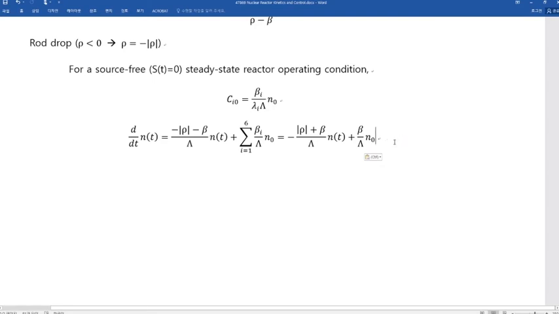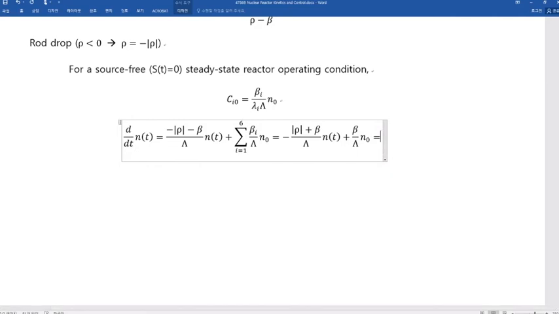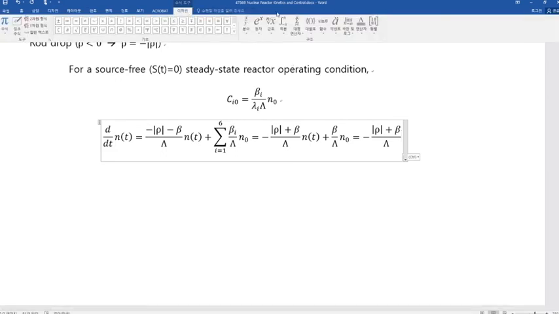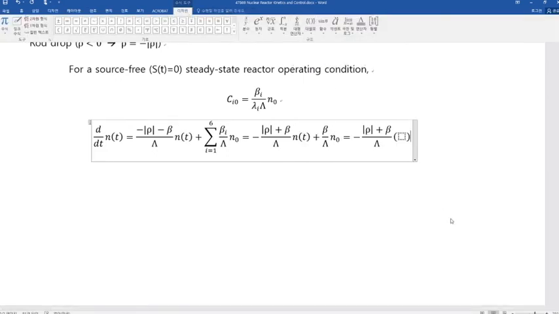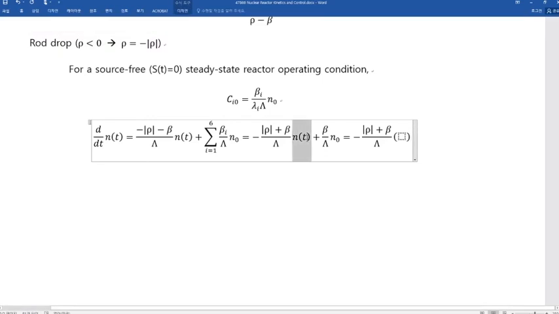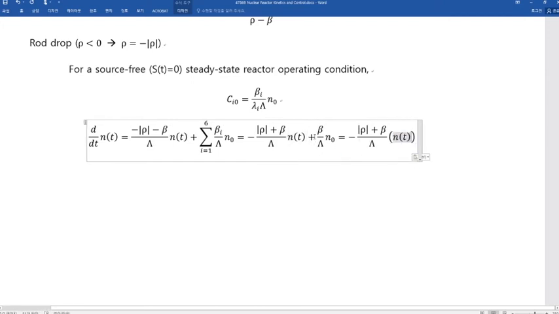But maybe at least one time, instead of the integrating factor, I would like to show you how to solve this differential equation by slightly changing this equation. So first, we are going to have n(t) inside of this parenthesis, and we would like to also include this constant inside of this parenthesis.